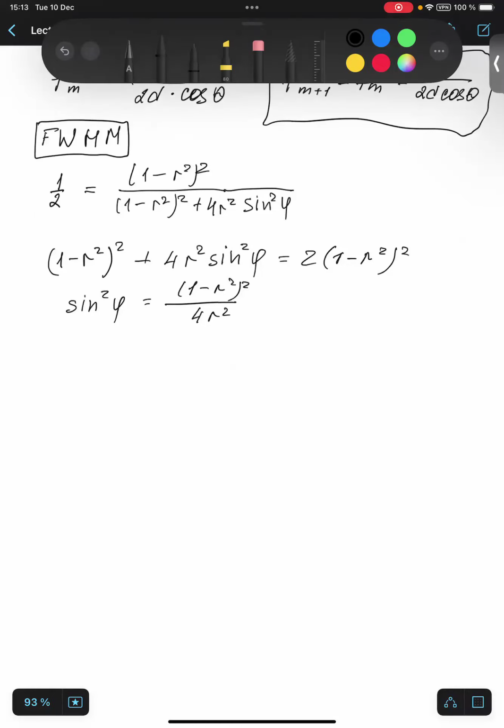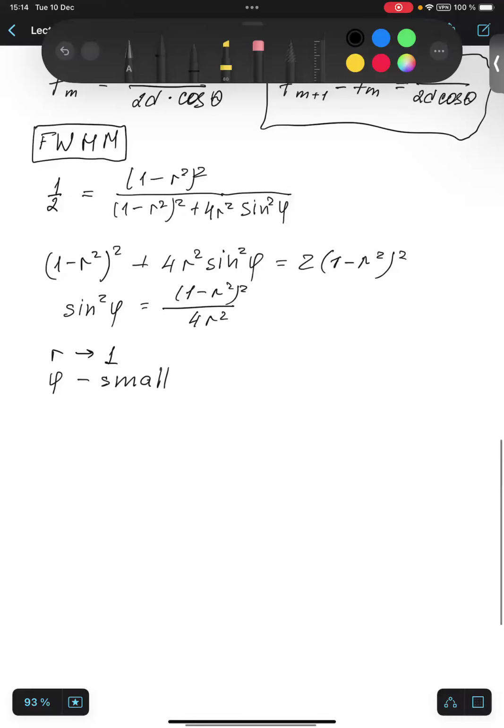Here we say that, for example, r is close to 1, and in this case phi is also small, so we can neglect the sine and just consider phi, and obtain phi at half maximum equal to plus minus 1 minus r squared divided by 2r.